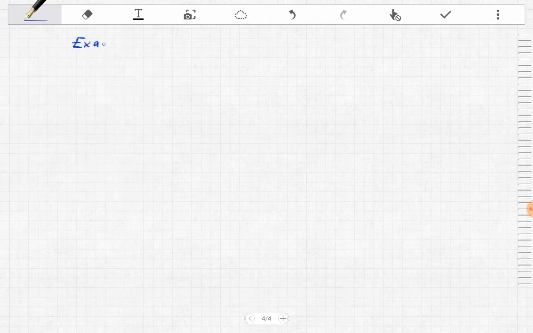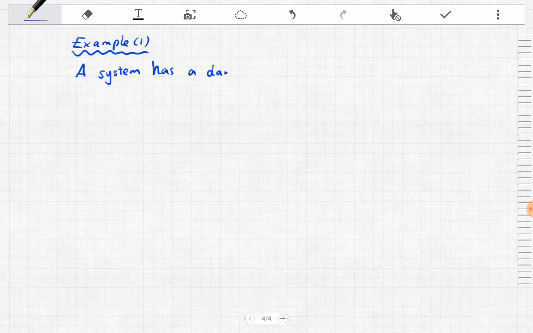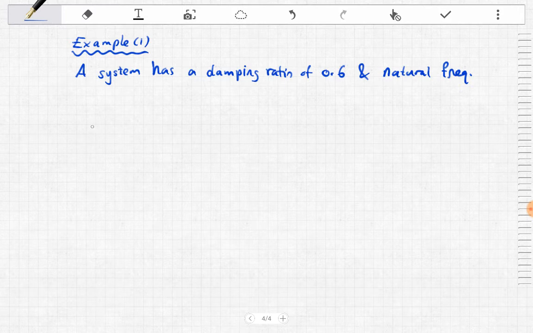Example 1. Let's say that you have a system and this system has a damping ratio, damping coefficient, of 0.6 and natural frequency 5 radian per second.